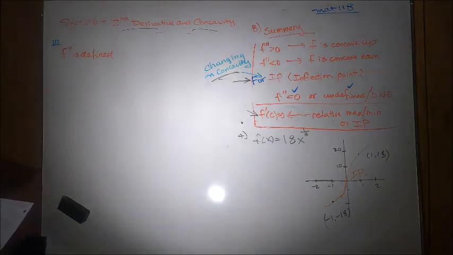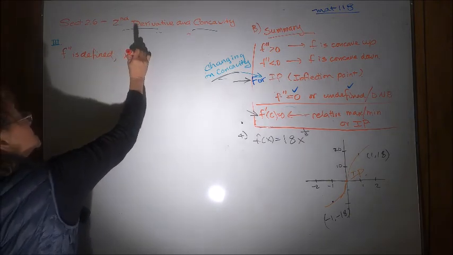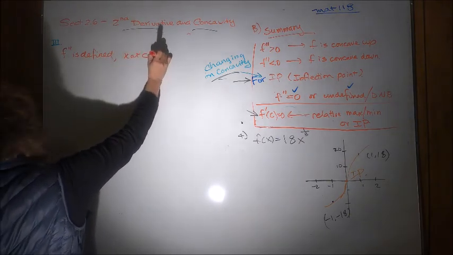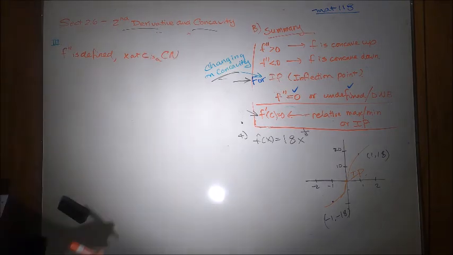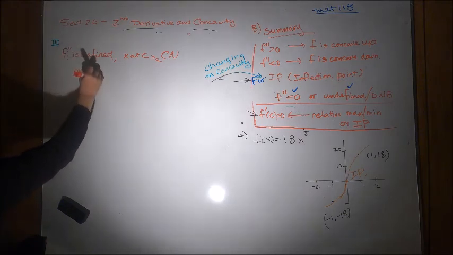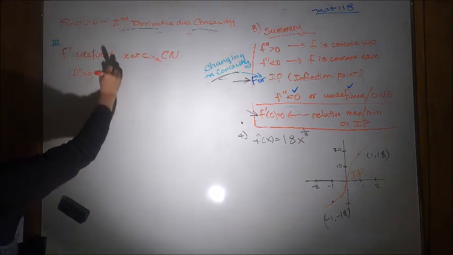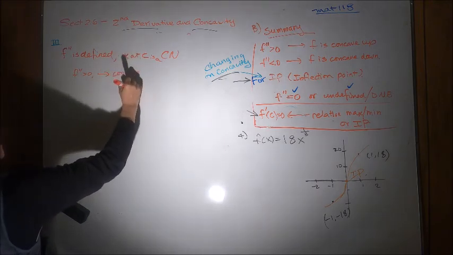Then x equals c is a critical number. Then what does it mean? When f prime prime is greater than 0, it means what? It's concave up, right?